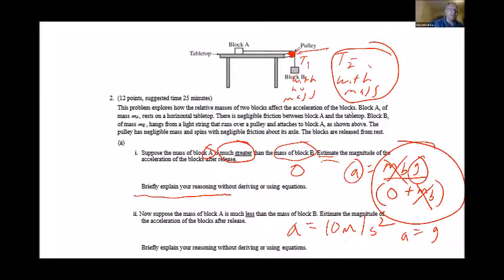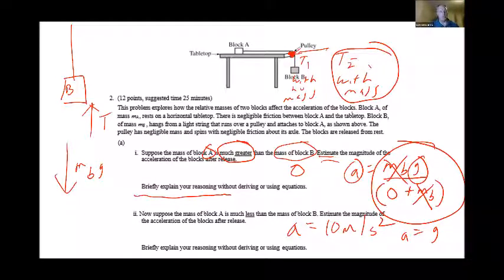Let's just think about a picture of just block B for a second. This is block B. We know that for block B we've got the weight going down and we've got the tension going up. And we know that when we add this pulley with mass, its acceleration has to go down.